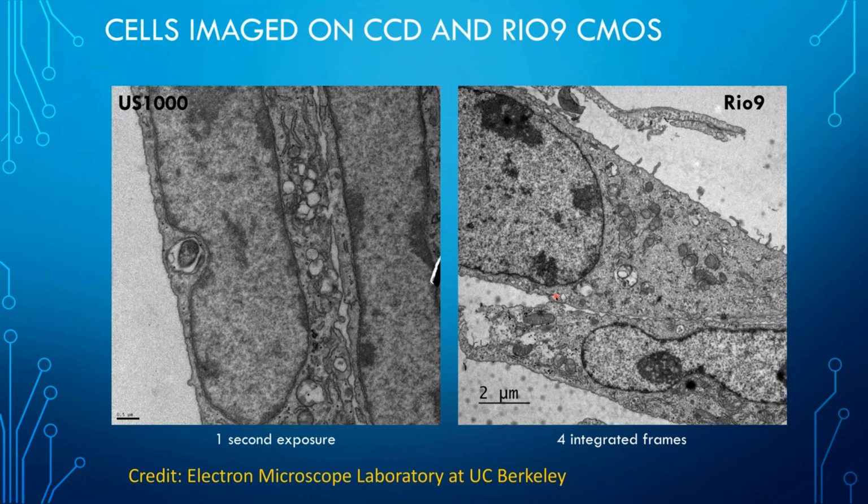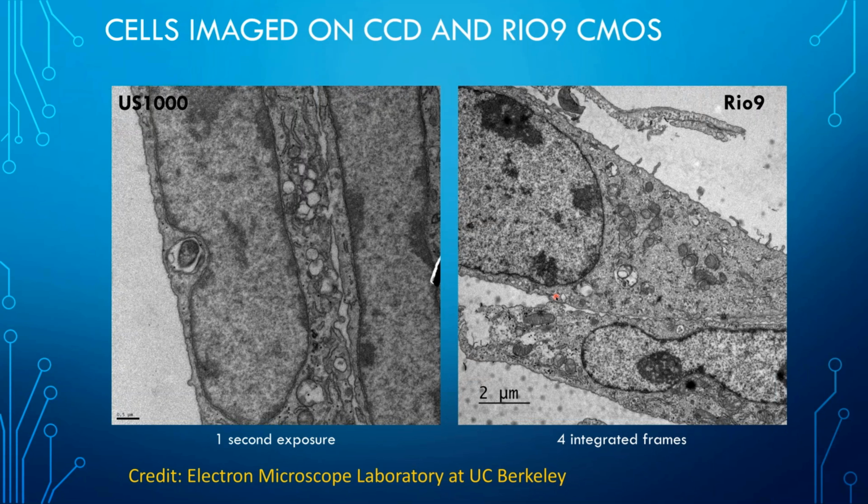Right. And I've got to say, it was really impressive just how quick it was to put a sample in and start imaging and collecting publication quality data right off the bat. That was just so fun to be able to do, and having it be high quality data was even more exciting.